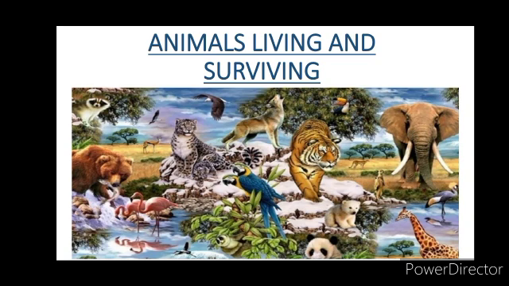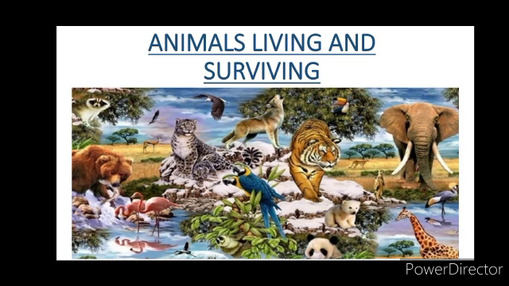We also learnt adaptation in animals, right? Animals adapt themselves in many ways: by food habit, by movements, by surviving in extreme cold and heat, and by showing special adaptations such as camouflage, migration, and hibernation.